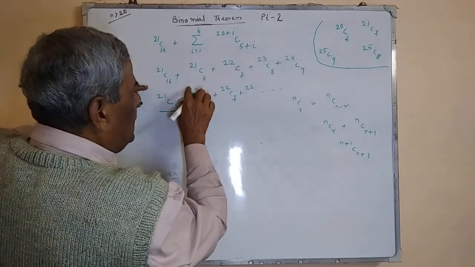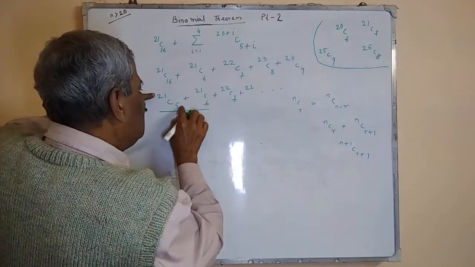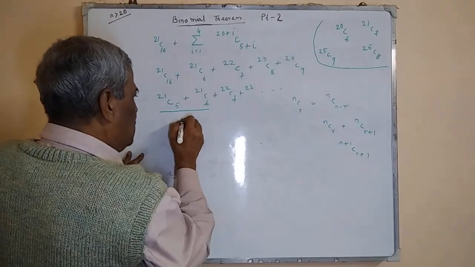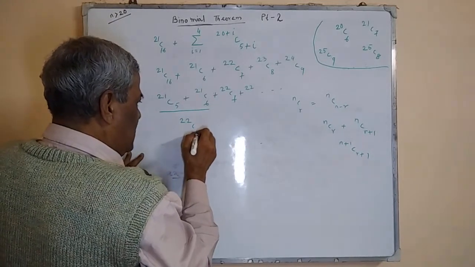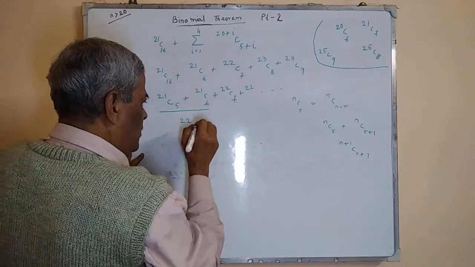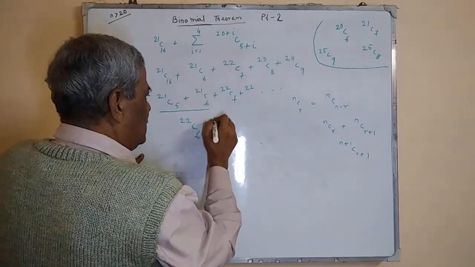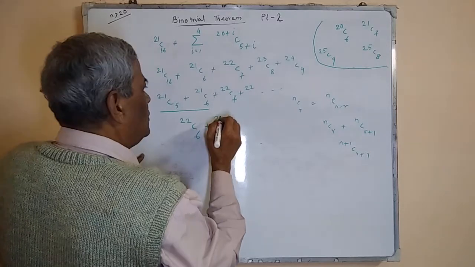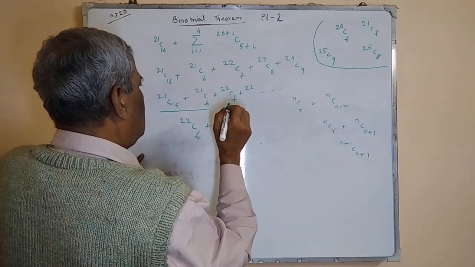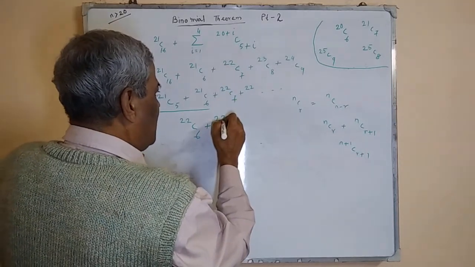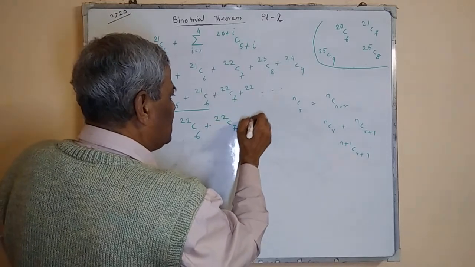So they together 21, 21, and this is 5 and 6. It is equal to 22C6 plus 22C7 plus 23C8.